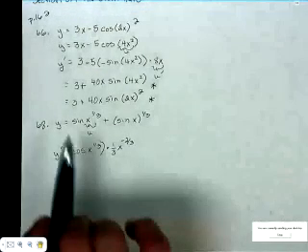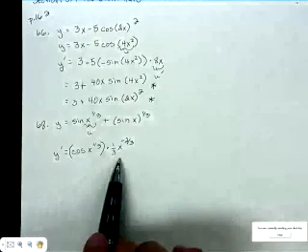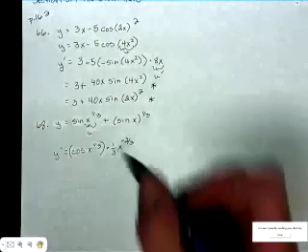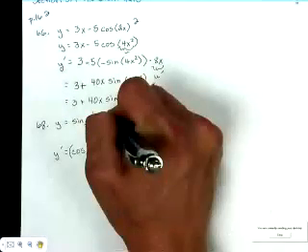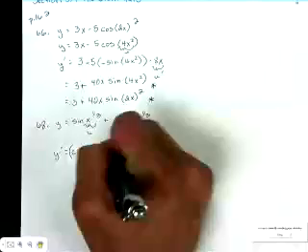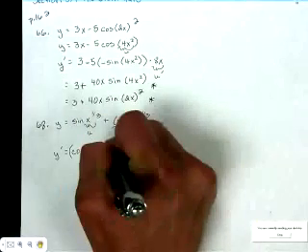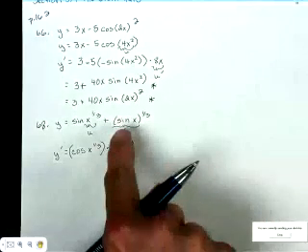Derivative of sine ugly is cosine ugly times the derivative of the ugly. But here, I have to look at the ugly, or let me just call it v since I've already used u for something. This is the derivative of the ugly. This is v to the 1/3.